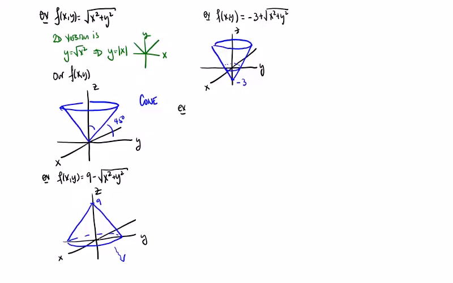All right, 2 more. So one is, instead of writing f of xy, I'll write z, but I'll write something like x equals the square root of y squared plus z squared. So what I've done here, compared to the very first one, is interchanged the z and the x. So what happens here is this opens up around the x-axis.